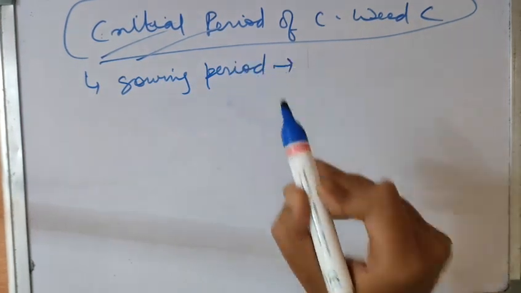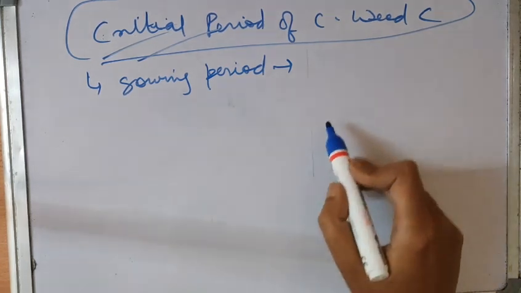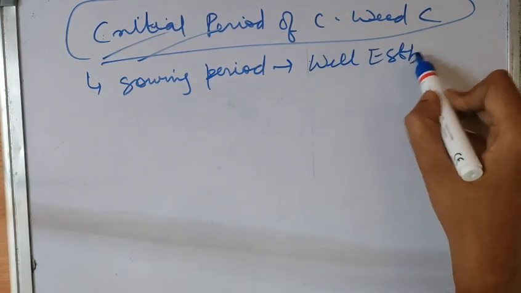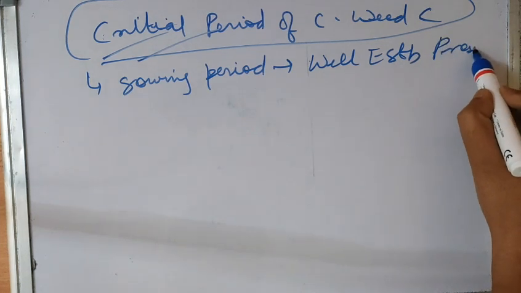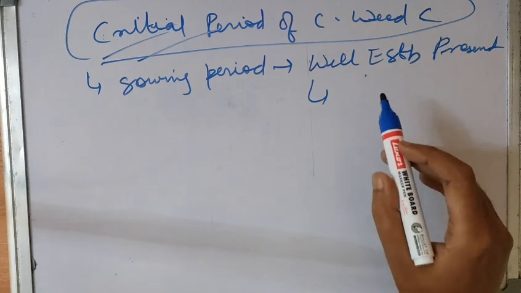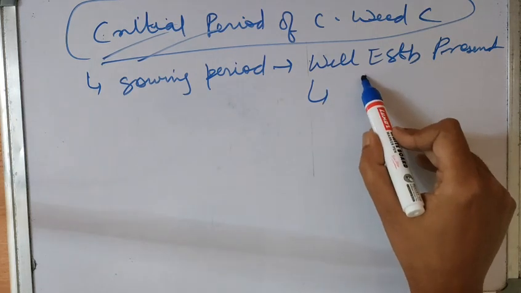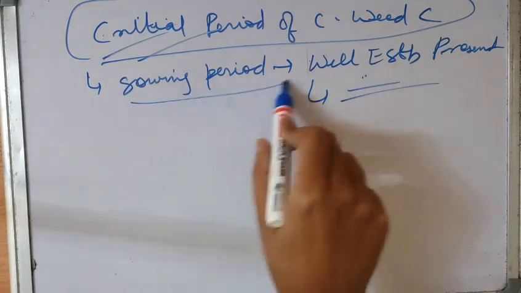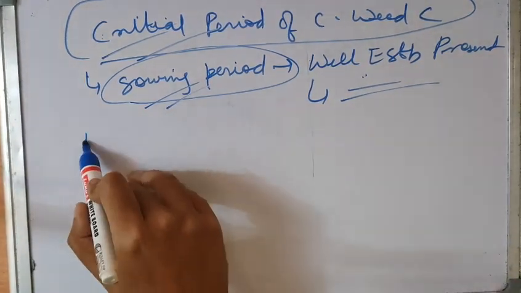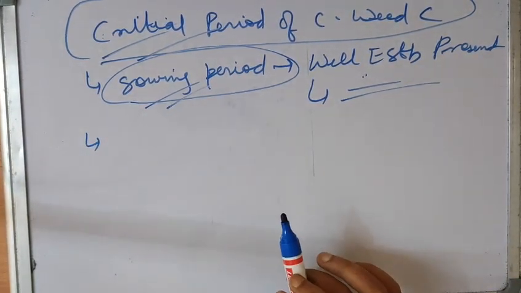If well established weeds are present in the field before the sowing of crops, they are going to affect the yields of crops severely. During the sowing period we should try to keep our field clean.